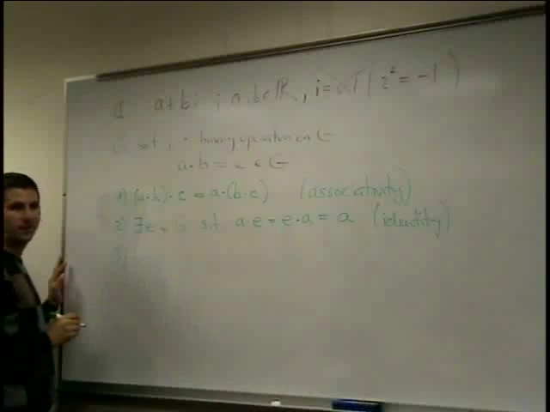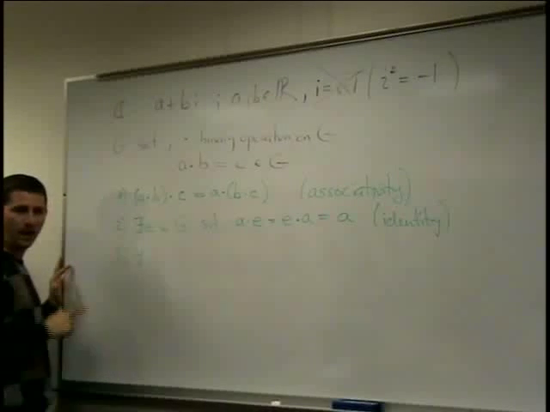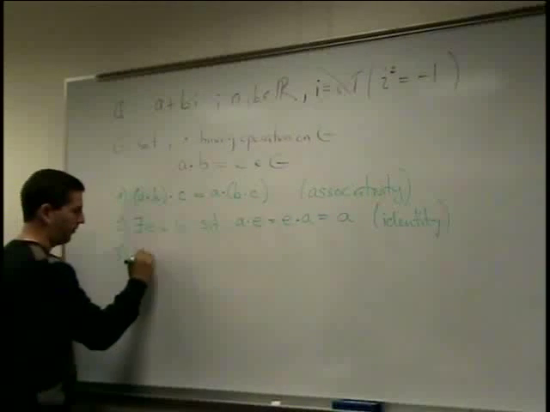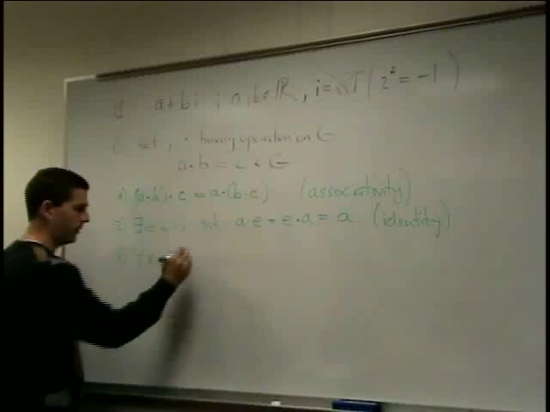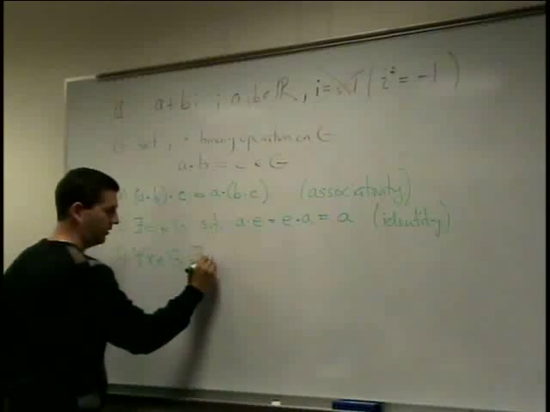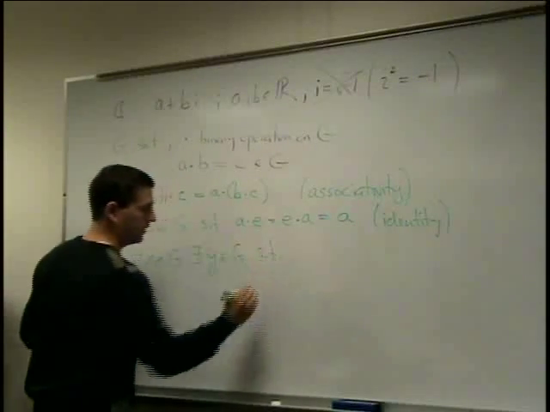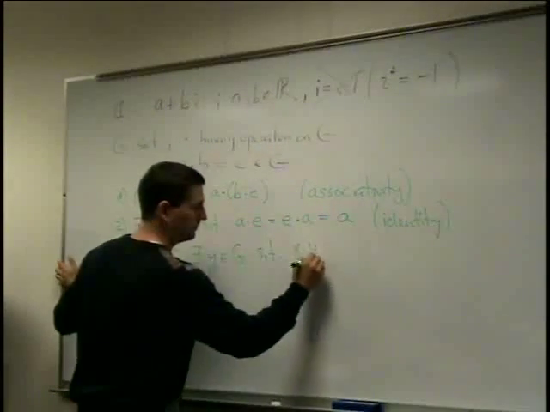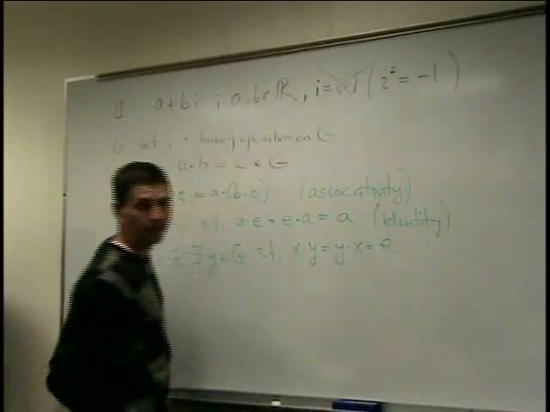The third thing is that for all, so remember upside-down A means for all, x in G, there exists a y in G such that x times y equals y times x equals the identity.